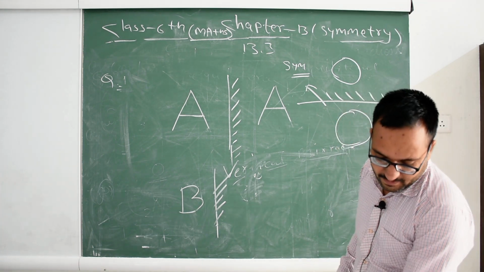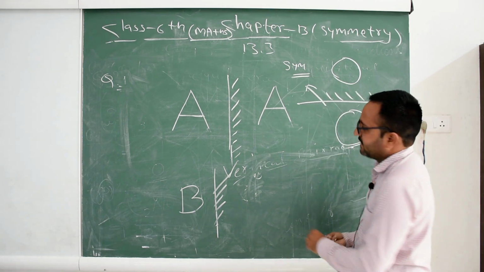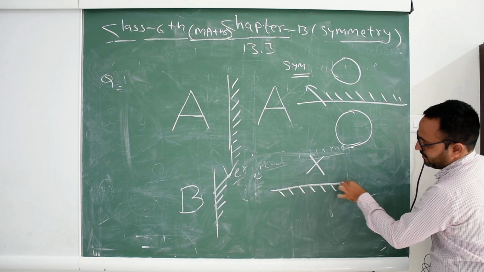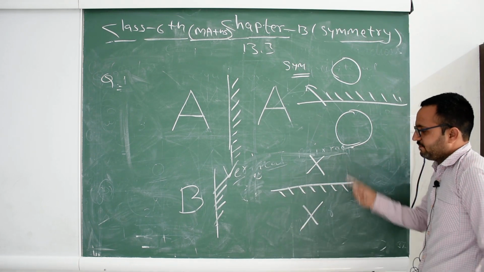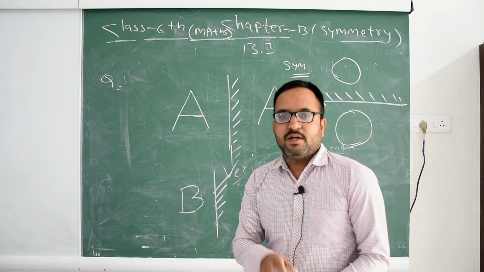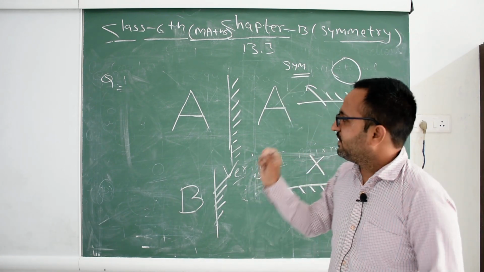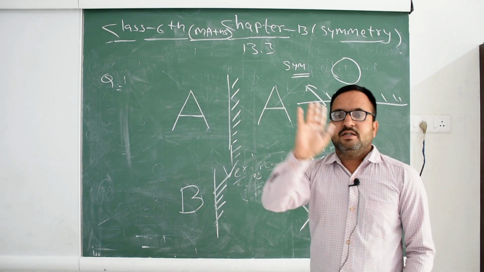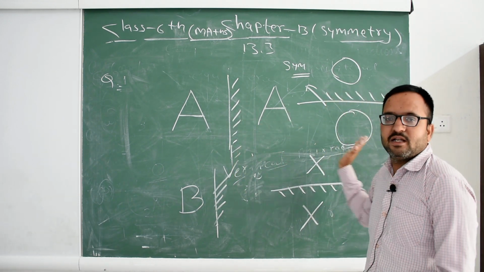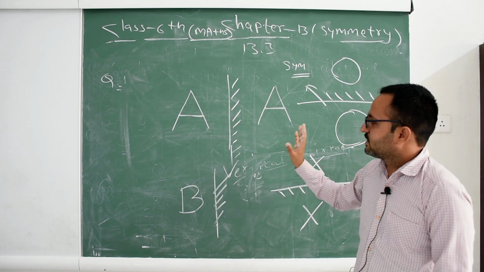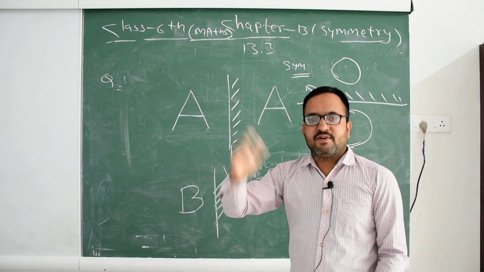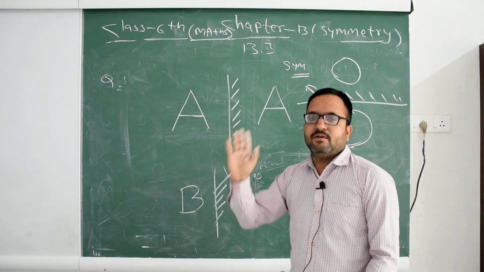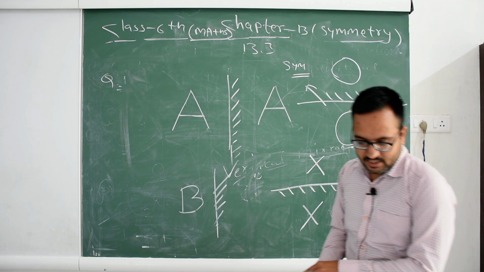And if we draw X in a vertical mirror, the reflected image will be the same. So try to check which letters are symmetrical in a vertical mirror and which in a horizontal mirror. Try to classify the alphabets by vertical and horizontal mirror.